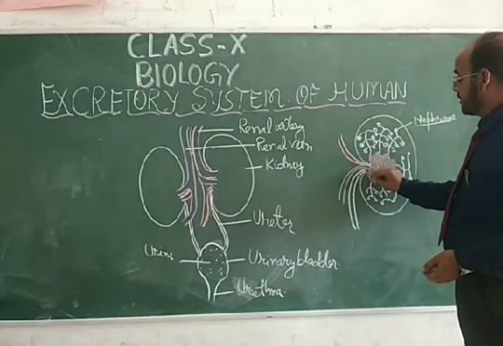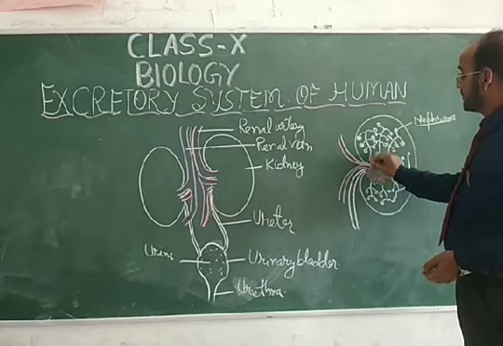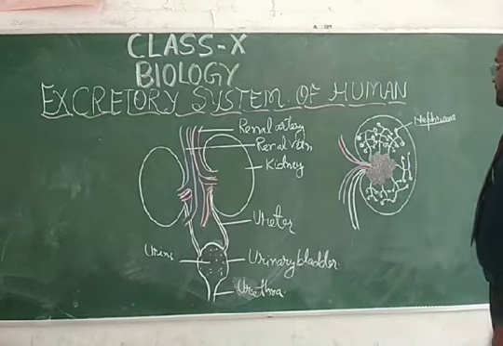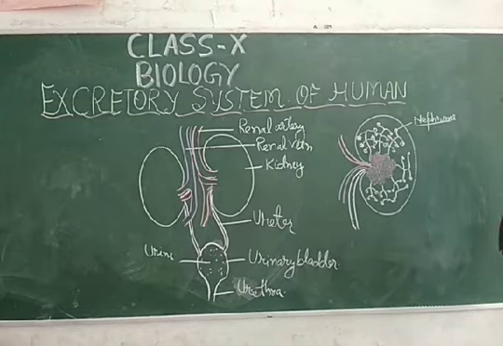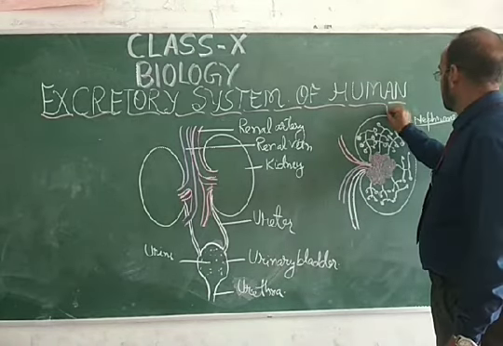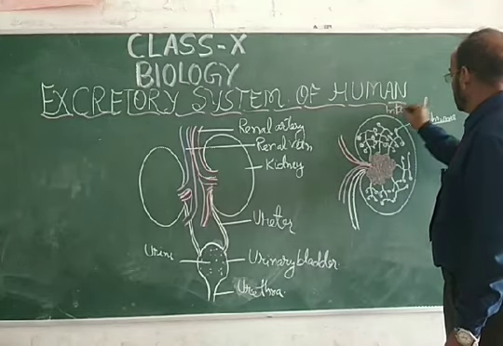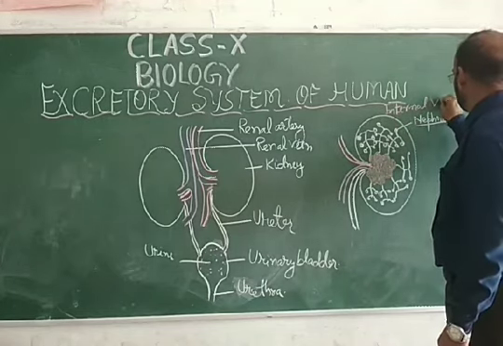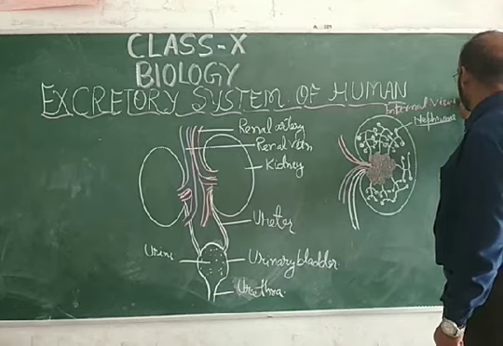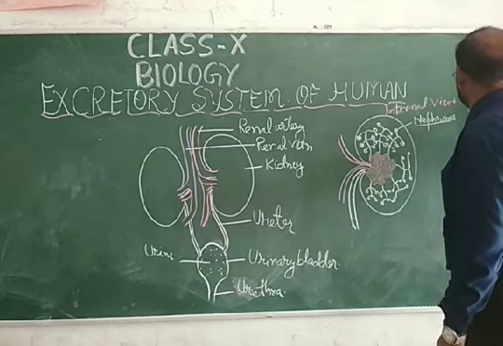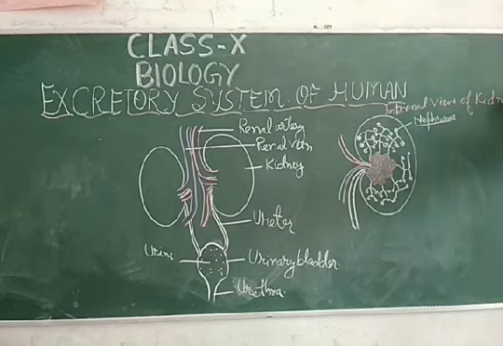These are the excretory materials excreted from different parts of the body. And inside the body, this is the important organ, which is called the kidney. This is the internal view of the kidney.